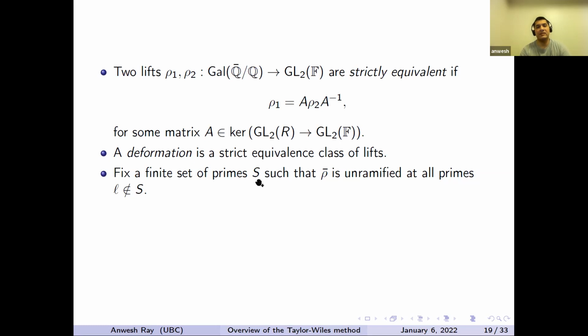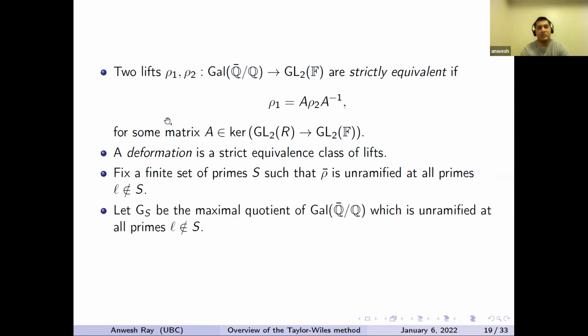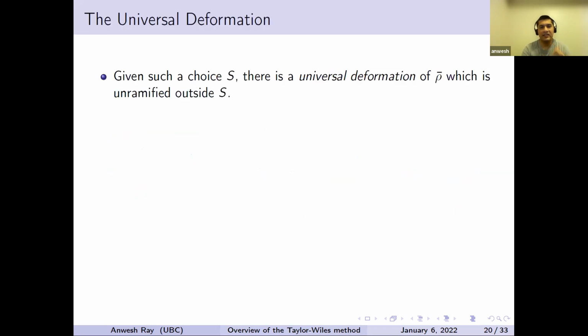In other words, rho-bar is unramified away from S. G_S is going to be the maximal quotient of the absolute Galois group which is unramified away from S. So if a representation goes from G_S to GL_n, then it is actually unramified away from S. This is a little bit of notation that actually helps us. So we fixed S, the set of primes where the representation is allowed to be ramified.